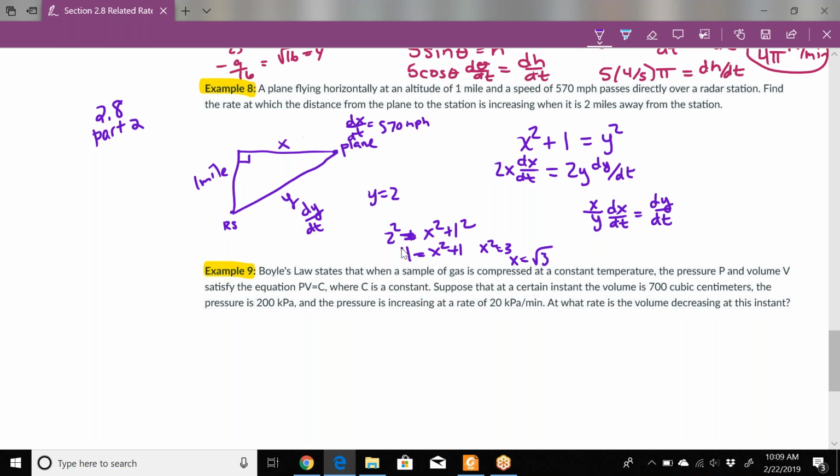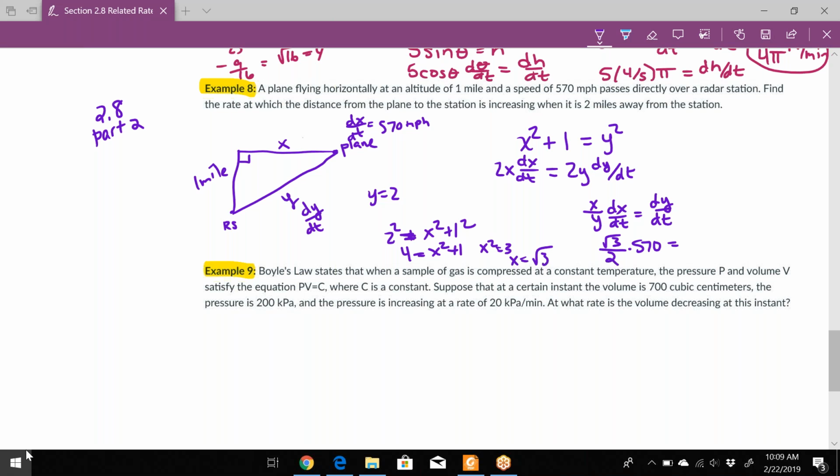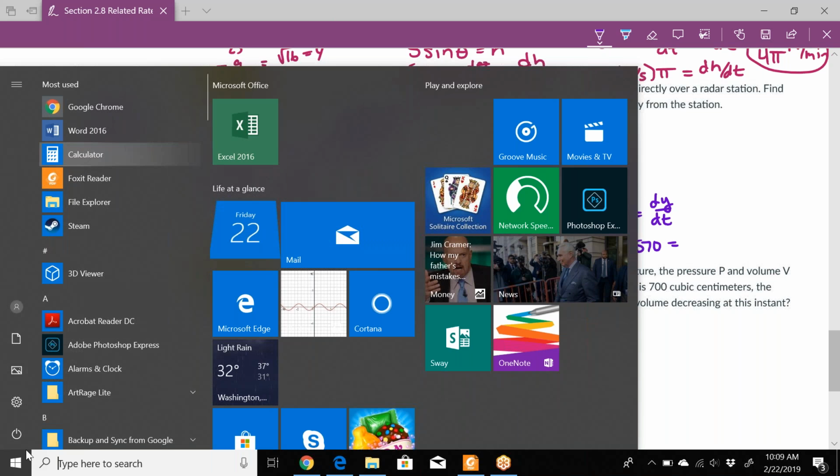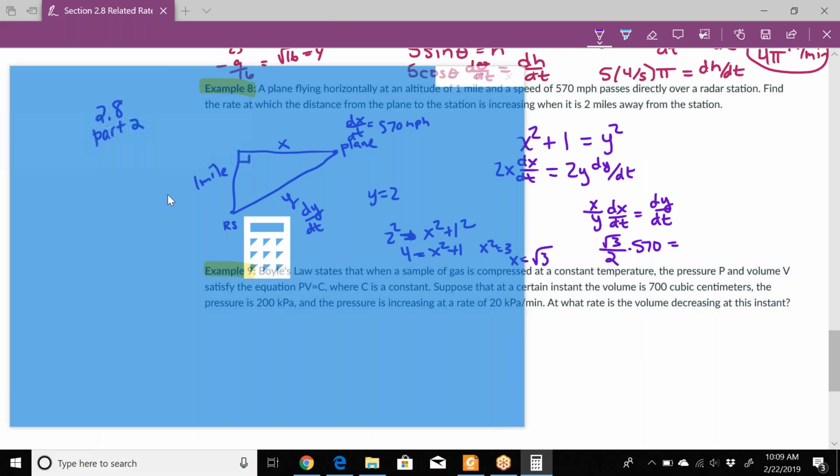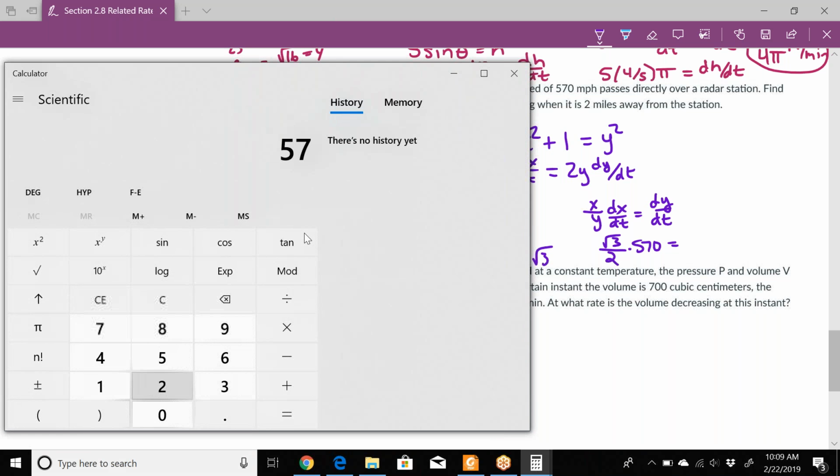Now let's plug in what we know at that specific instance. We know that x is the square root of 3. At that moment y is 2, and the speed the plane was traveling, dx/dt, was 570 miles per hour. That gives us dy/dt, the change in distance over time for those two things. Let me get my calculator. 570 cut in half, times the square root of 3.